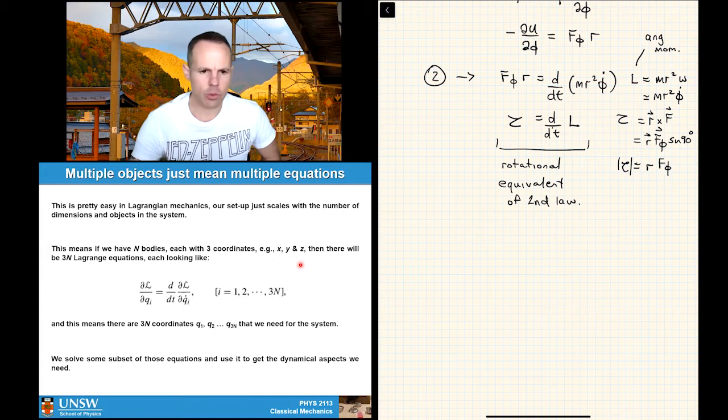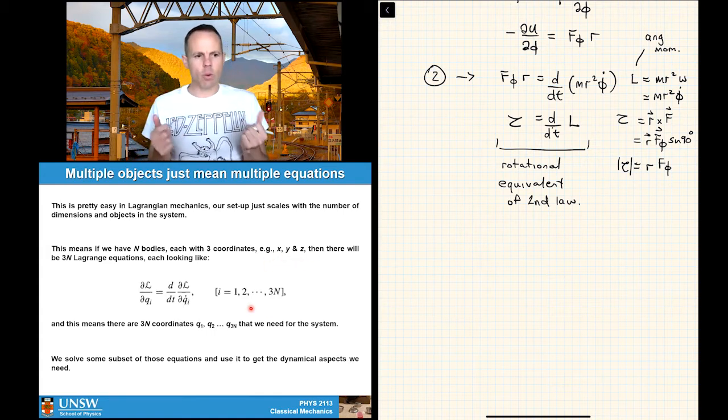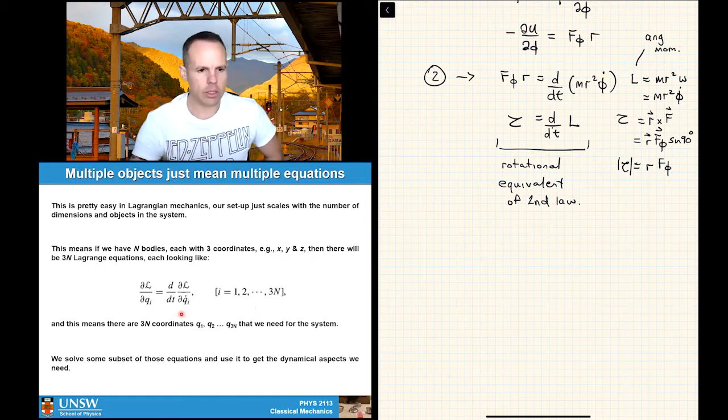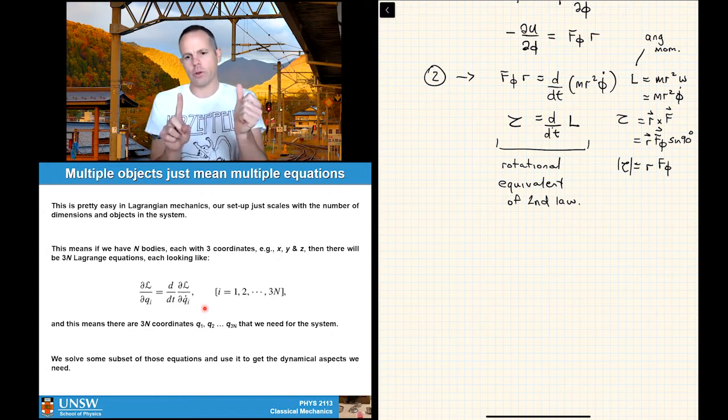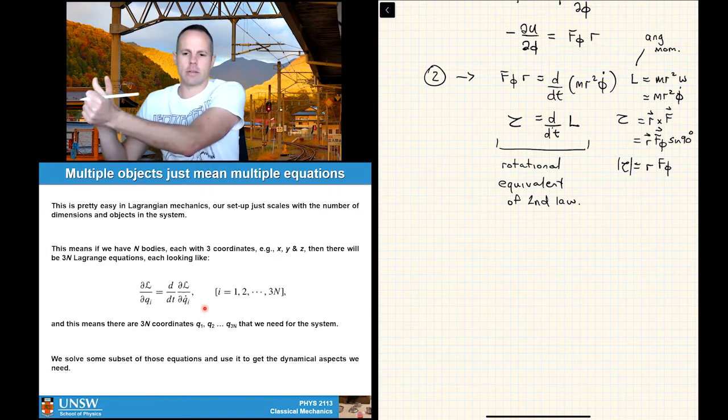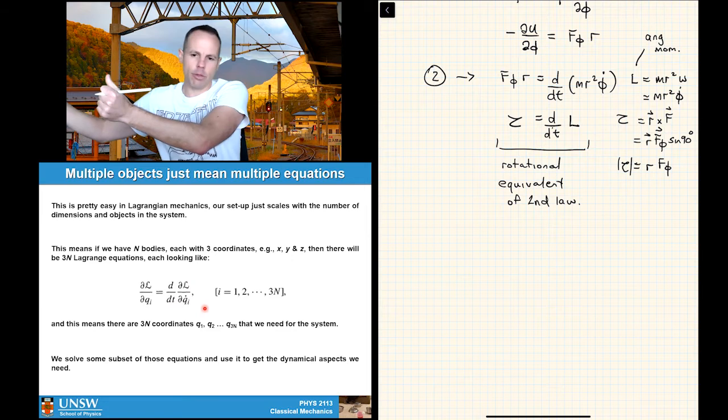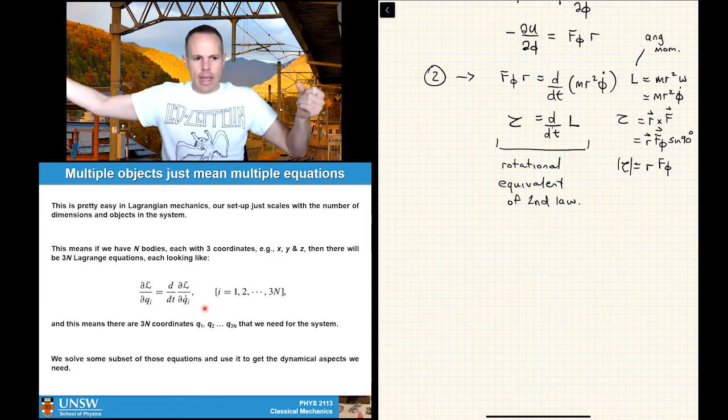Then each of those will have 3 coordinates x, y, and z. Then ultimately in the end, what we will have is 3n Lagrange equations to solve, and every single one of them will look the same. It will look like dL on dq_i equals d on dt of dL on dq_i dot. And that i will run through 1, 2, 3 for the first body, 4, 5, 6 for the second, 7, 8, 9 for the third, and so on, all the way up to n, okay?